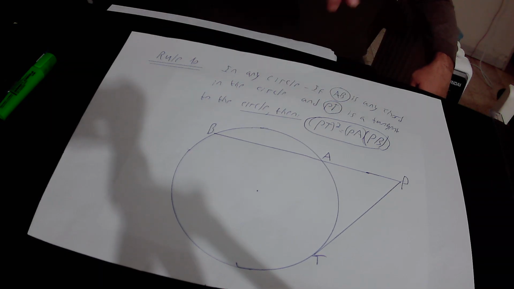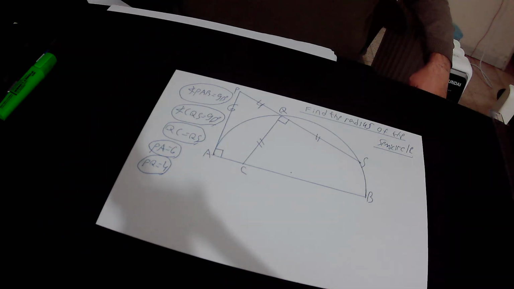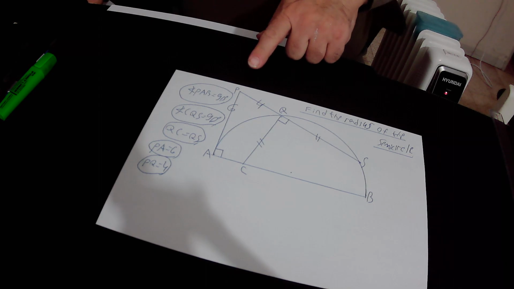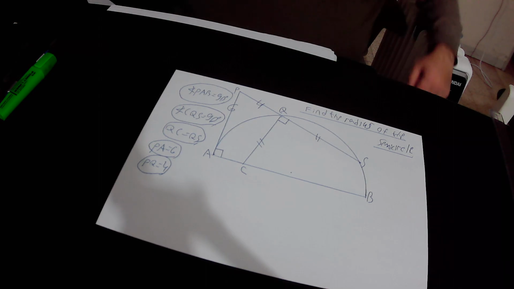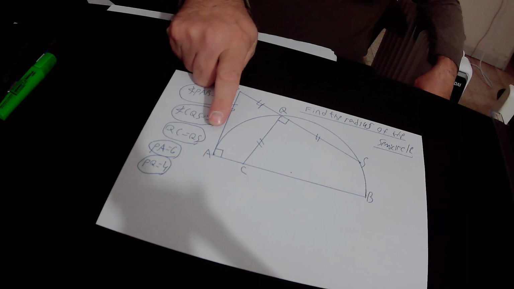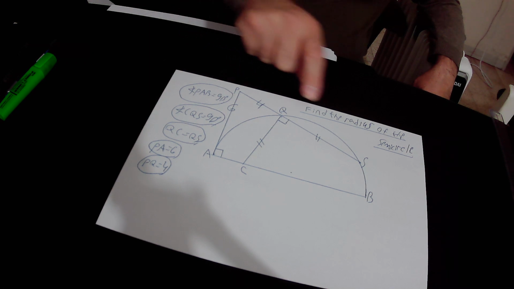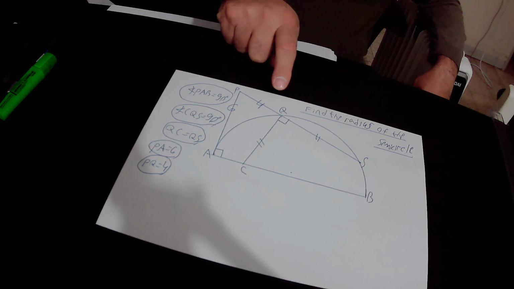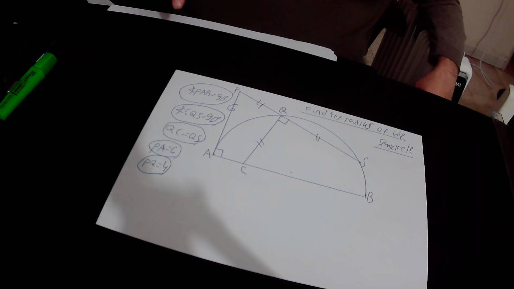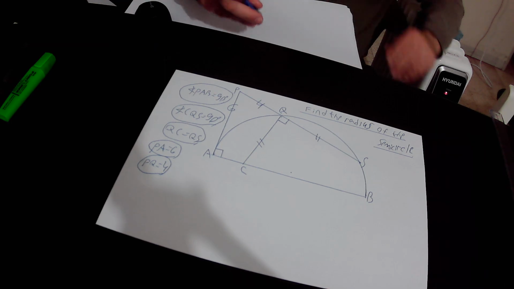We can actually implement rule number 10 in our drawing. Why? Because if you focus on point P, from point P we have tangent PA that is tangent to the semicircle at point A, and we also have line segment PS that cuts the semicircle at points Q and S. For that reason, we can implement rule number 10 here.